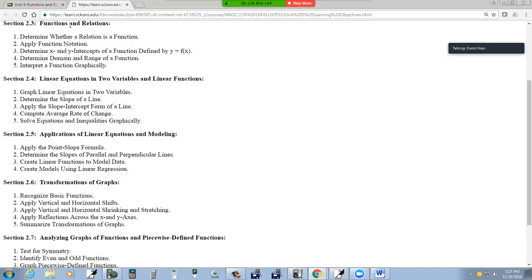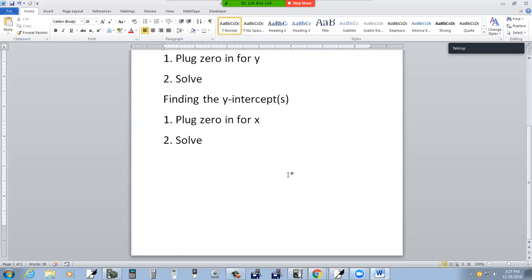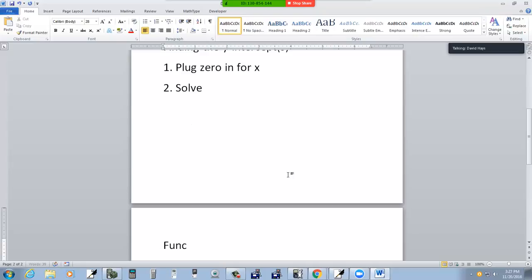Now section 2.3 gets into functions, so let's talk about those. A function says for every x there is only one y.